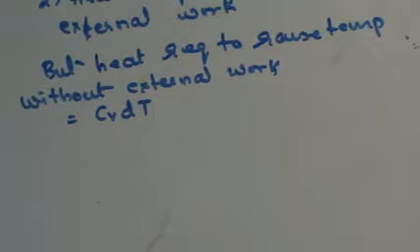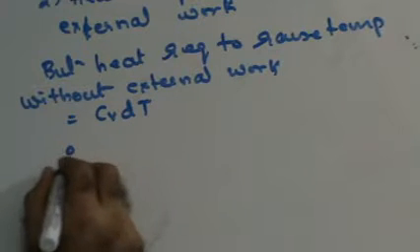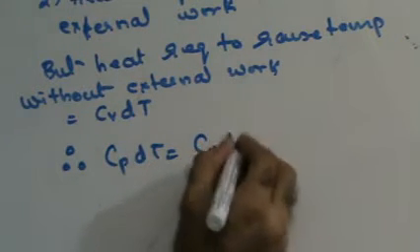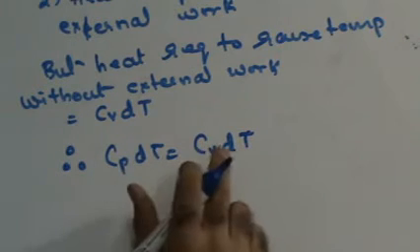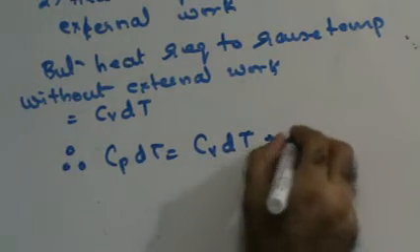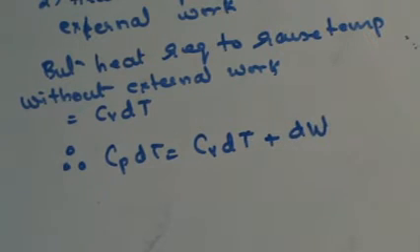Thus, I can therefore say that Cp dt is equal to Cv dt, that is the total heat energy is used to raise the temperature plus external work done dW, right?